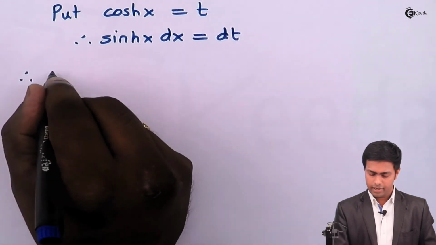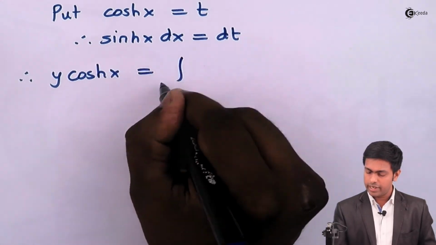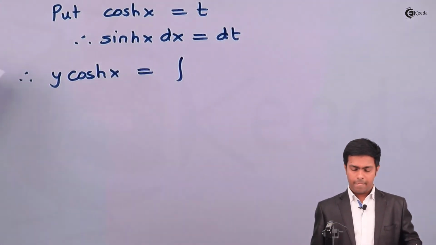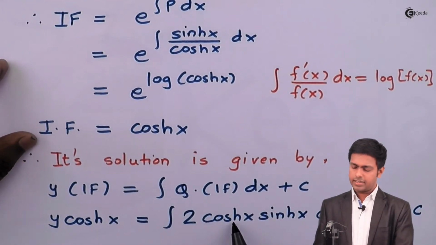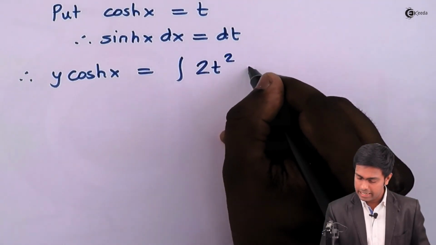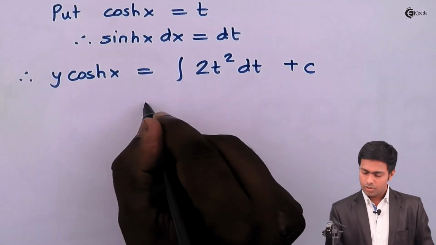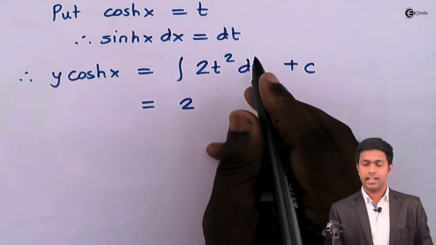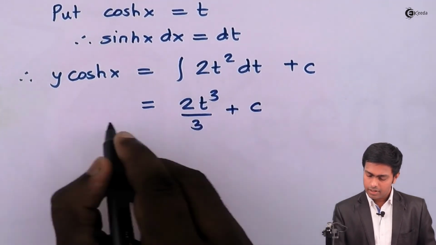So therefore we will get y into hyperbolic cos x equal to integration of, this will become 2 and this is t and t, so t square, so 2t square dt plus c. So here 2 outside and the integration of t square is t cube upon 3, plus c.